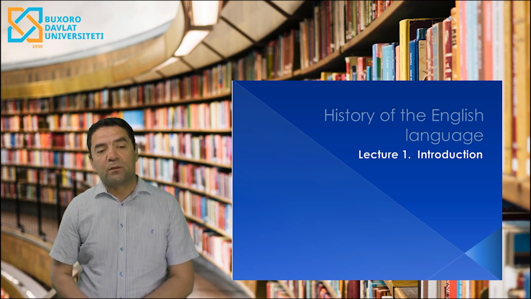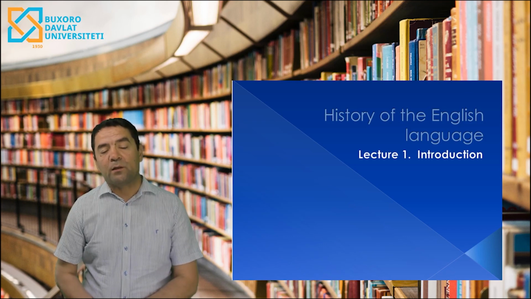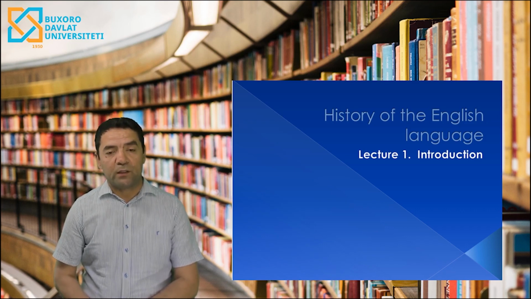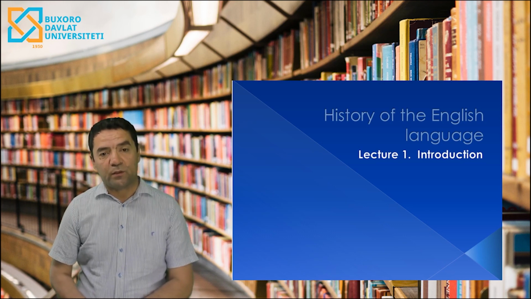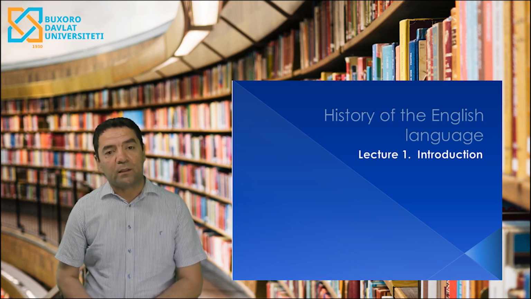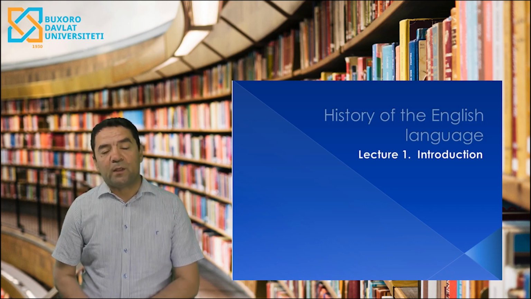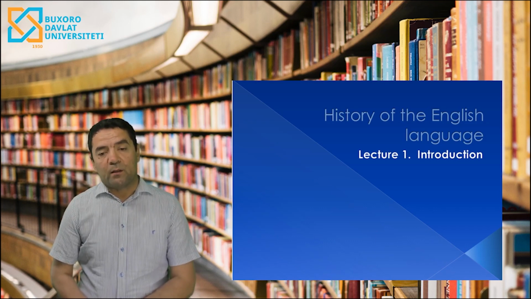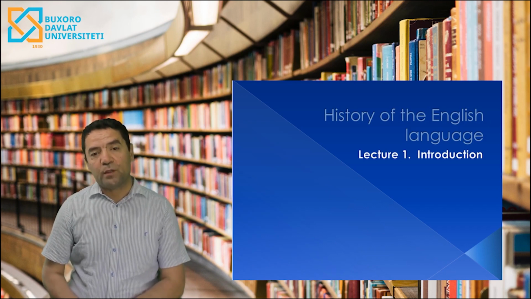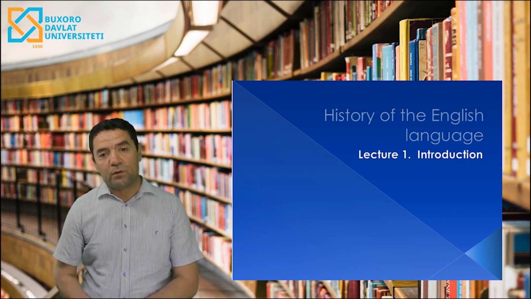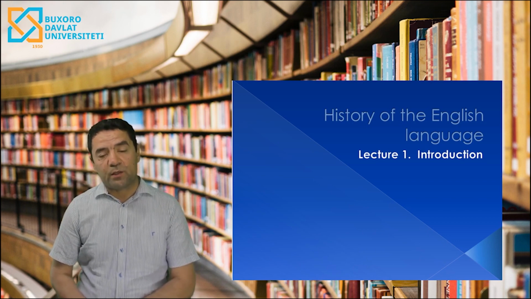These subjects contain the integration of theory of linguistics, introduction to linguistics, general linguistics, theoretical grammar and theoretical phonetics, lexicology, introduction to German philology, and different other subjects. That is why, in order to be aware of the history of the English language, one should have enough knowledge of the subjects mentioned above.